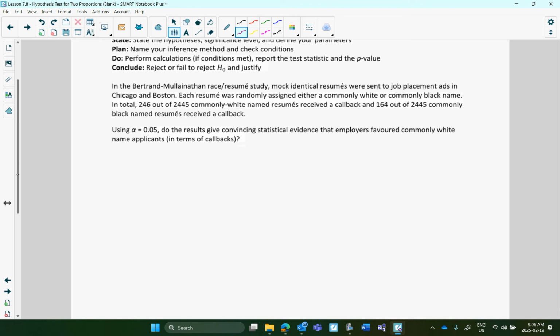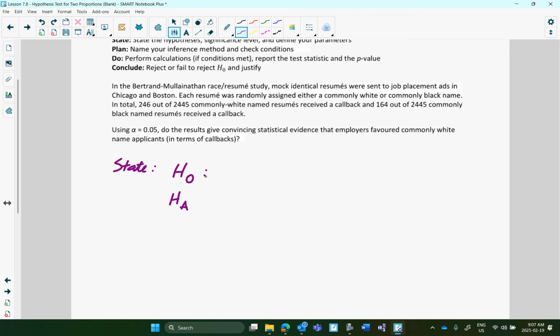State, plan, do, conclude. So remember the state. That's where we put these, and then what each variable that we state represents.